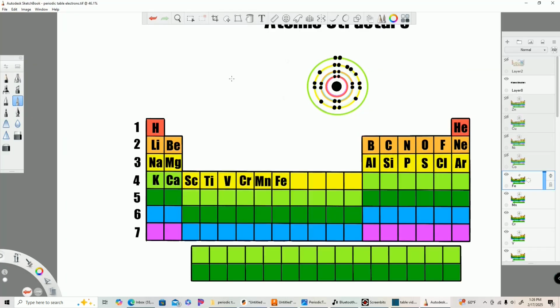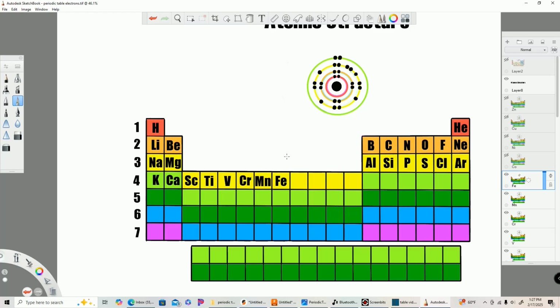So let's now take what we learned to analyze the atomic structure of a particular element on the periodic table. So iron, with chemical symbol Fe, down here in the 4th row. You know it's in the 4th row, so it has 4 layers around the nucleus, 1, 2, 3, 4.